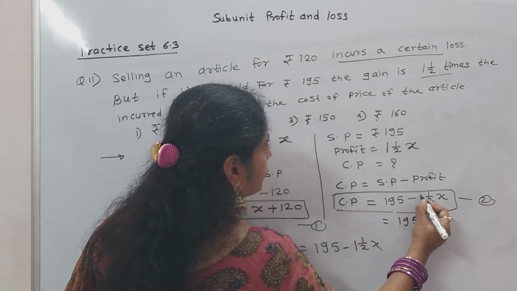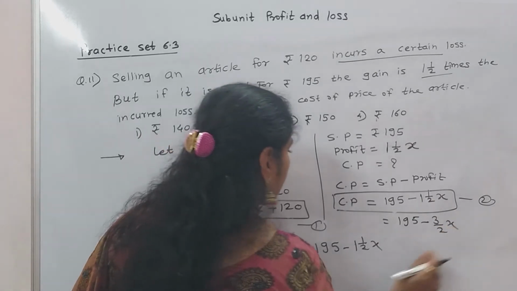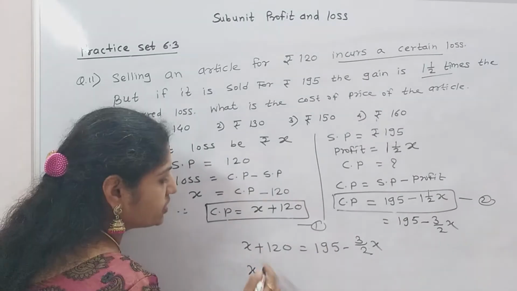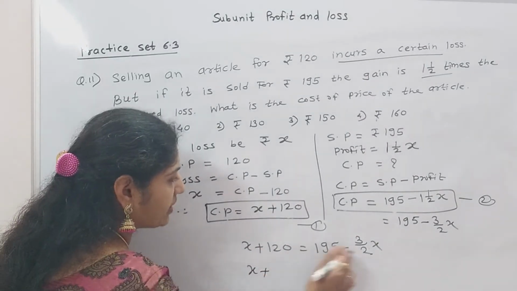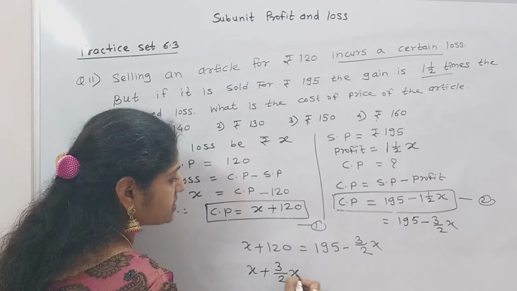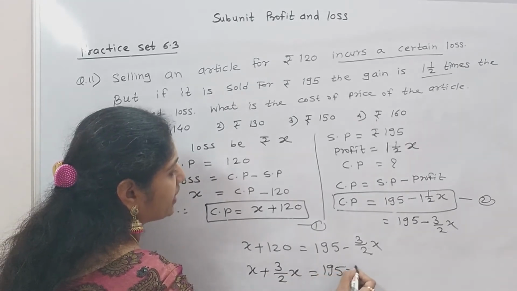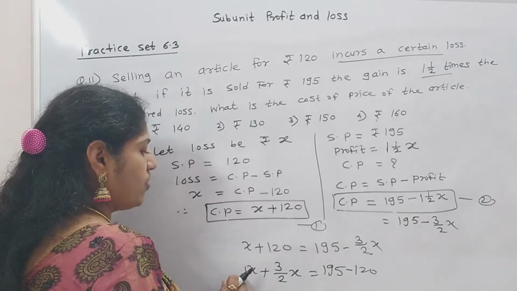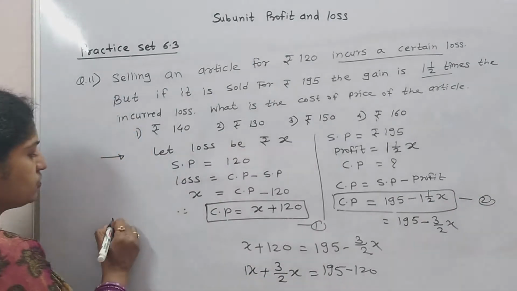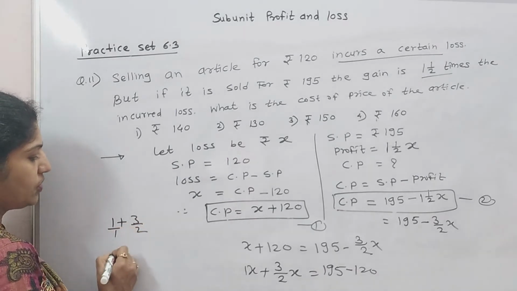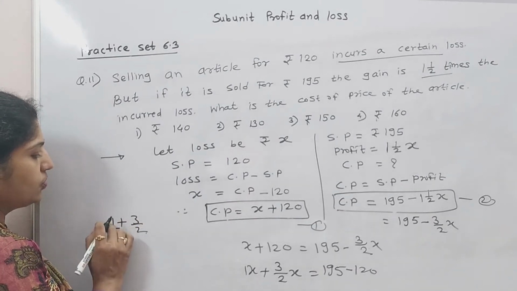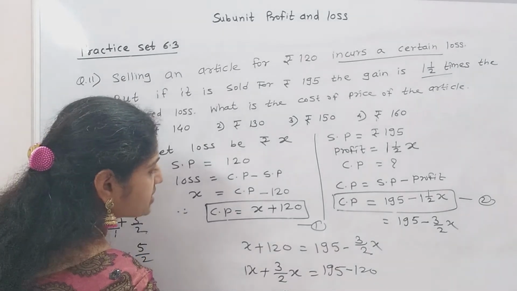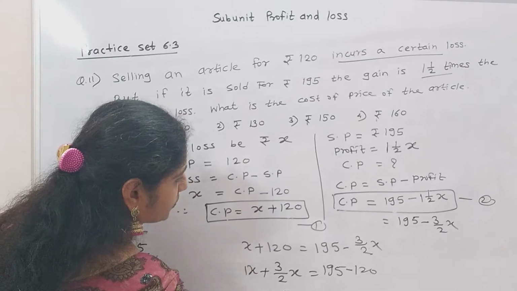That is 3 upon 2 X. This goes to this side, minus goes plus, 3 upon 2 X equal to 195 minus 120. 1 plus 3 by 2, cross multiplication, 2 plus 3, 5 upon 2. 5 upon 2 X equal to 75.